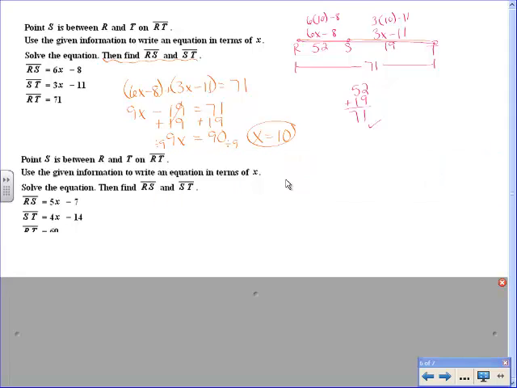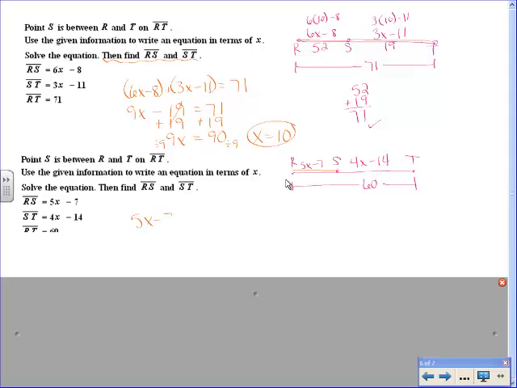It starts off the same way, where we have segment RT with S in between. This time, segment RS is 5x minus 7. Segment ST is 4x minus 14. Altogether, segment RT is 60. Using the segment addition postulate, I can add RS and ST and set it equal to RT.